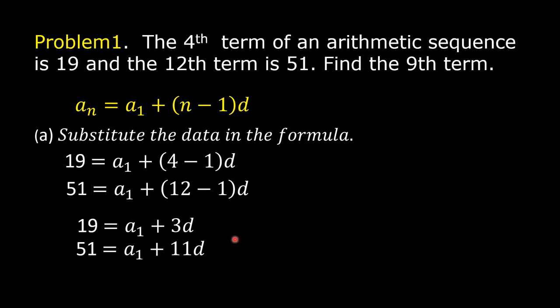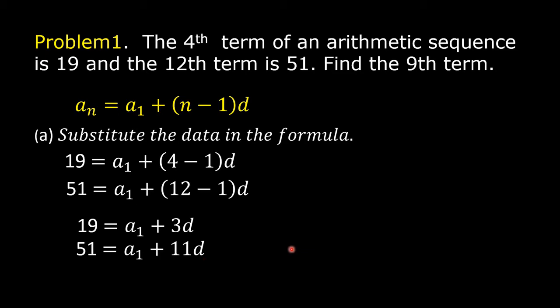In 19 is equal to a sub 1 plus 3d, we have two unknowns, a sub 1 and d. In 51 is equal to a sub 1 plus 11d, we have also two unknowns, a sub 1 and d.